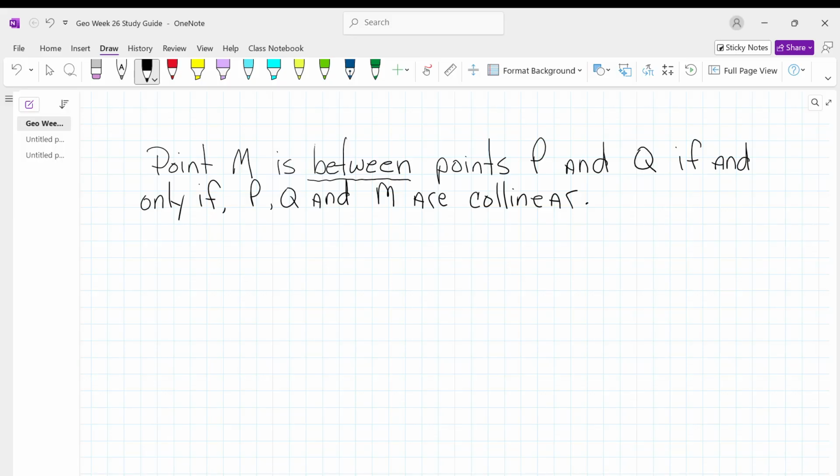So what that means is collinear means on the same line. So if we have a line, and we got point P on the line, and then we got point Q on the line.